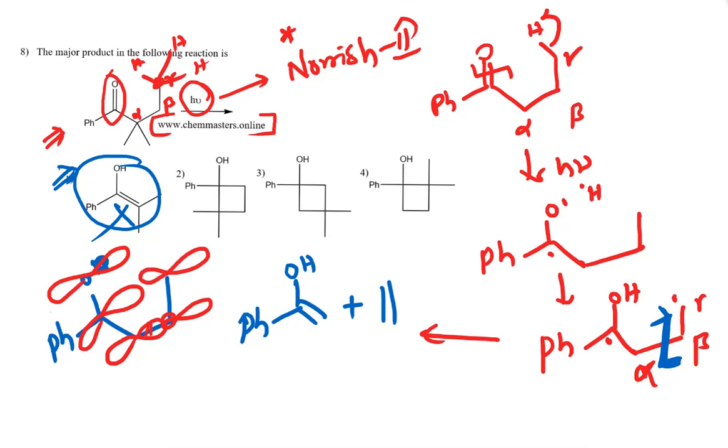A sigma bond always forms whenever the same kind of lobes interact. Here the sigma bond between alpha and beta easily cleaves because a strong partial pi interaction is observed.